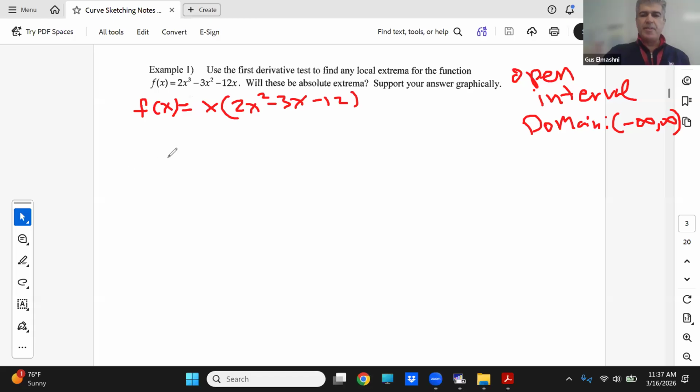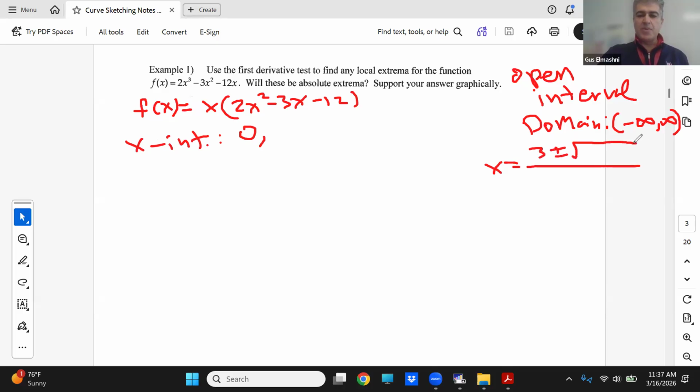Fine, whatever. Well, where are my x-intercepts then? 0. And how do I find the other ones? Quadratic formula, right? I promise to give something that's nice. Well, that's b squared minus 4ac. Yeah, that's a little nasty.